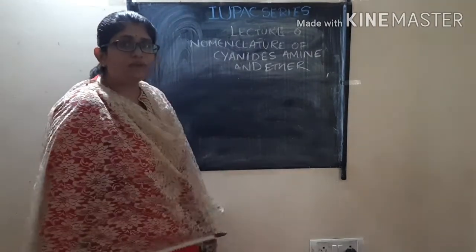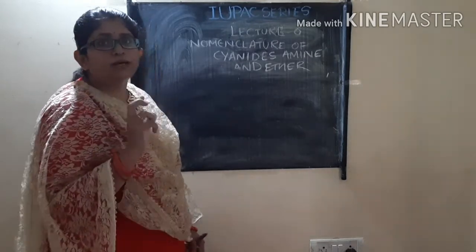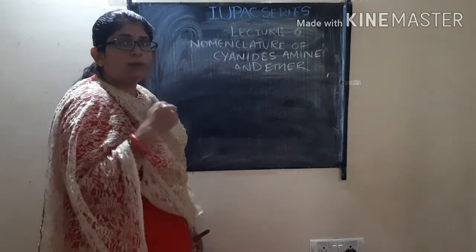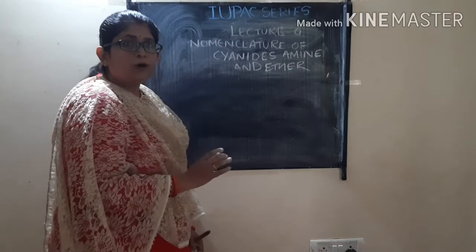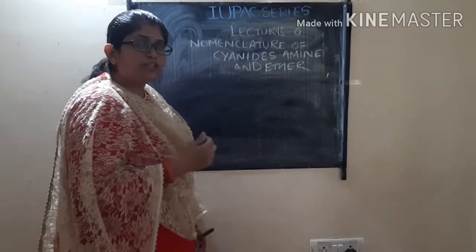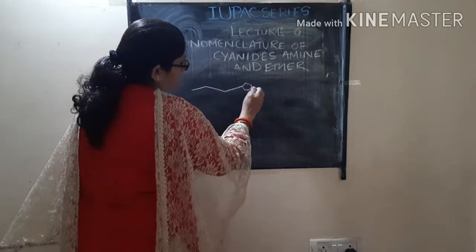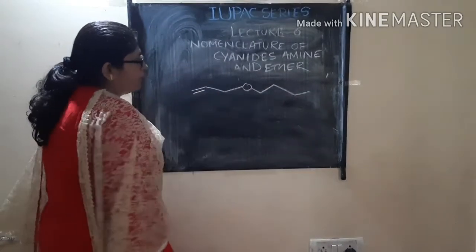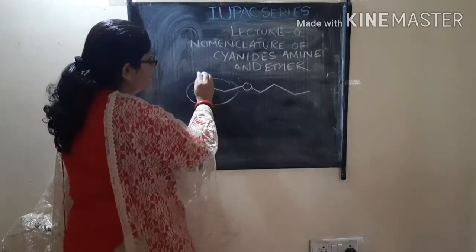Now I will tell you that in case of ether, if there is a double bond, that chain will become the main chain. If there is a double bond and triple bond both, then you will consider the double bond for choosing your main chain. Let us see some examples. Now look here, students. This will be the main chain.